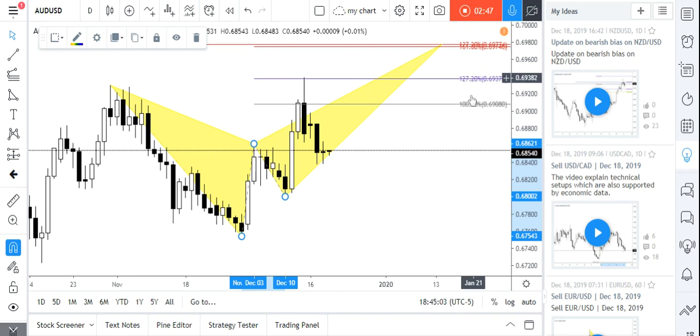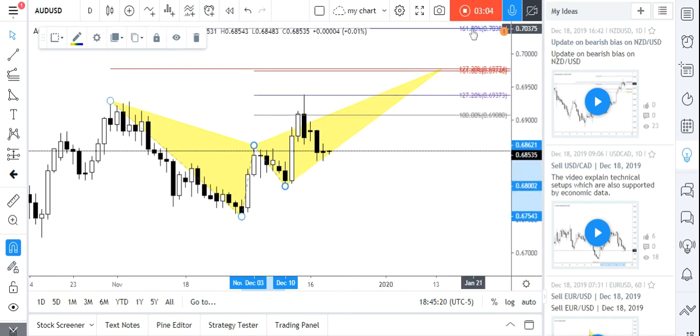Nevertheless, it is significant while measuring the extension of a butterfly, because there is no 100% in a butterfly. A butterfly is either calculated as 127.2% of this or 161.8%. I'm not considering 161.8% because this is too far, and no other ABCD is coinciding here.